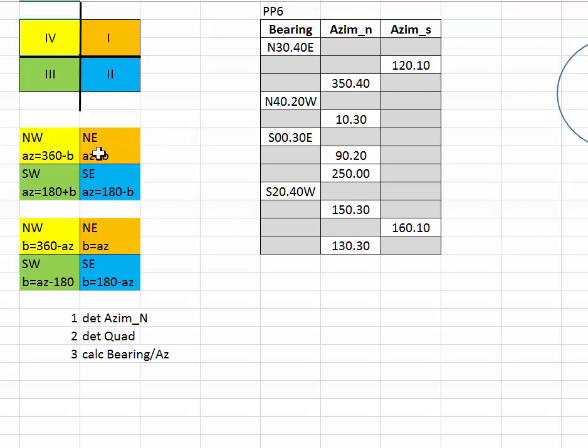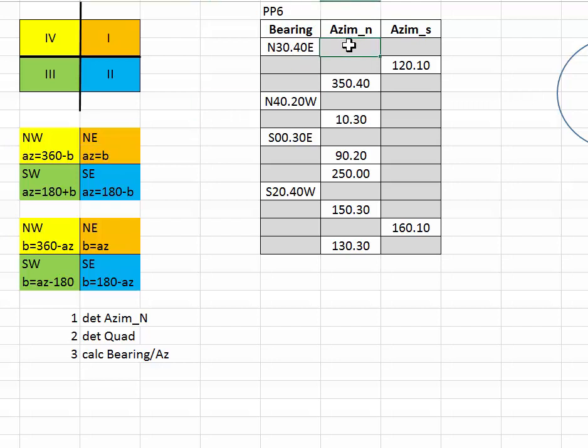So for instance, here in this quadrant, that's the northeast quadrant, or number 1. If we think of north at the top, south at the bottom, east on the right, and west on the left, that's how we come up with northeast. And this is an easy one because the azimuth is the bearing. All right, so those are easy.